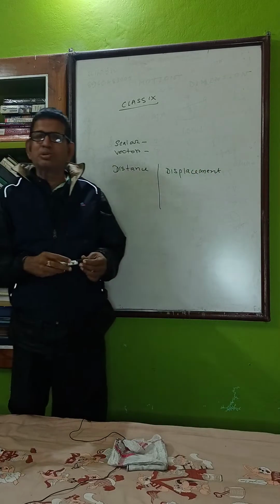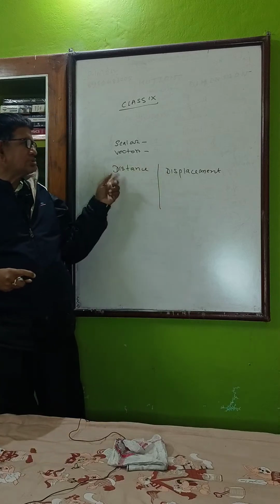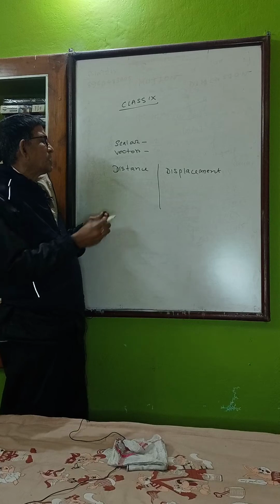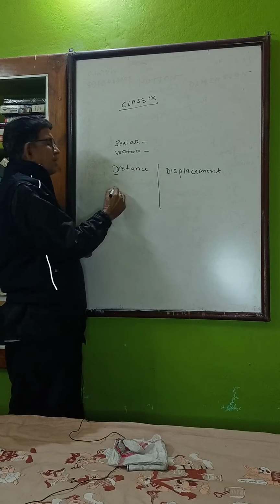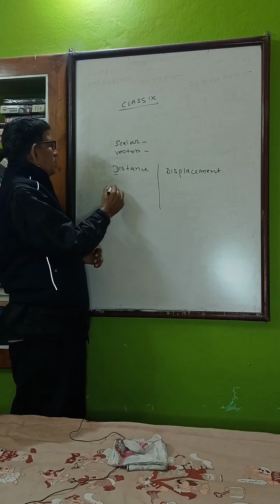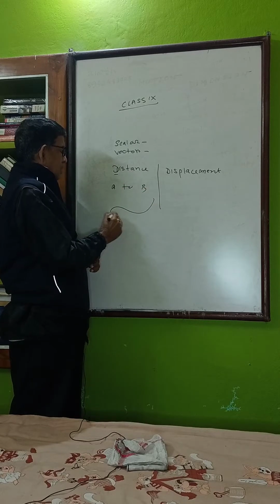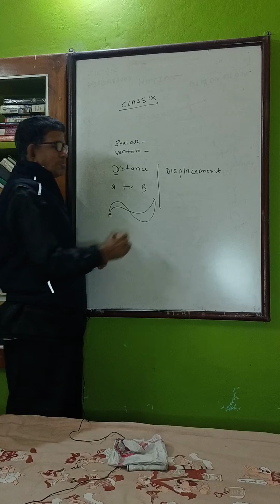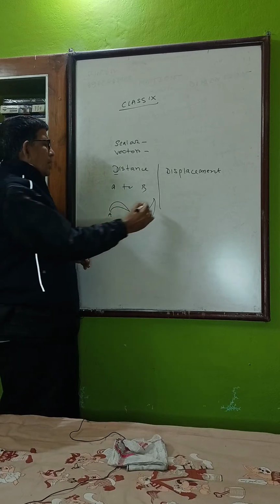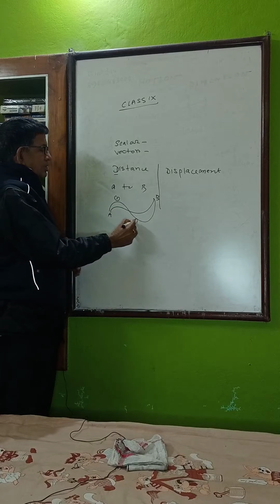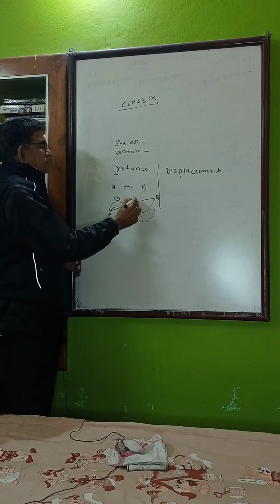When we introduce these two terms in your first chapter, second chapter, what is the distance? Suppose a particle is moving from A to B. You can reach from A to B by different paths: path number 1, path number 2 and path number 3.